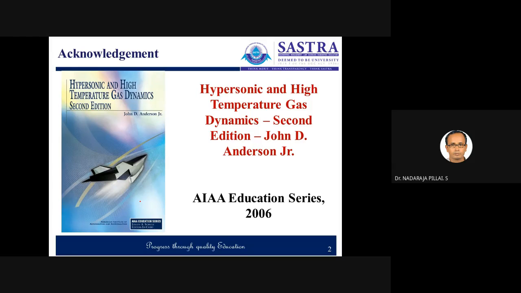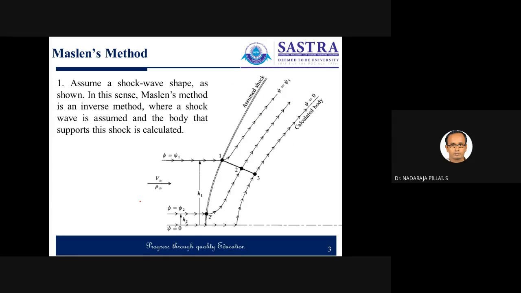I acknowledge John D. Anderson's Hypersonic and High Temperature Gas Dynamics, right? So in Maslen's method, let us assume the shock wave shape, right? Here there is a shock wave. Say this is the assumed shock wave, right?